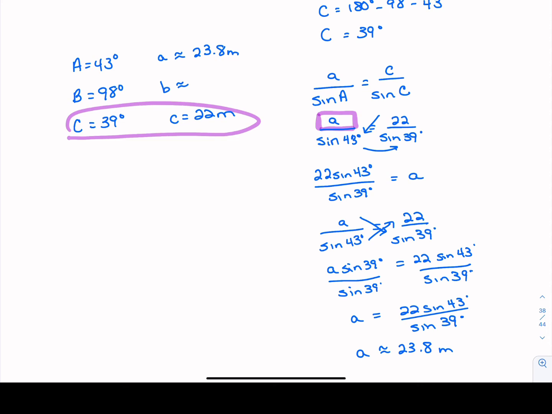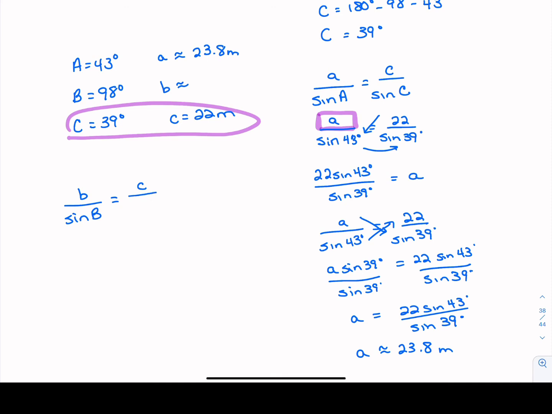So if we're hunting now for side length B, we can use B divided by sine B as half of our equation. Now, truth be told, we have all of the information for A and we have all of the information related to C, but it's smarter for us to choose C in order to use and solve with, because C was information that was essentially given to us. We didn't have to solve that.